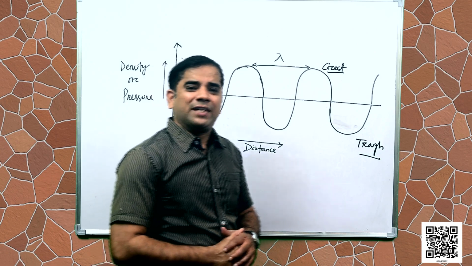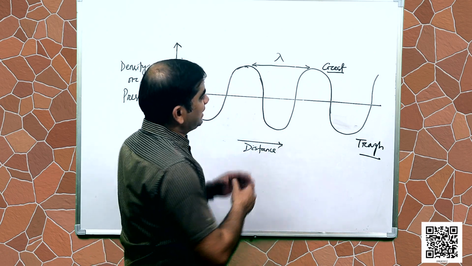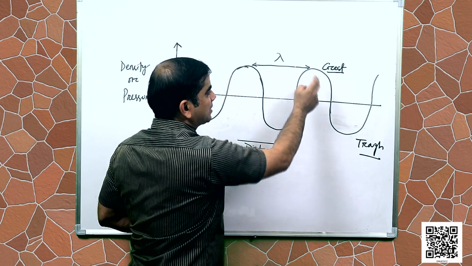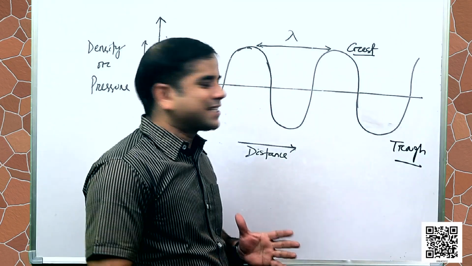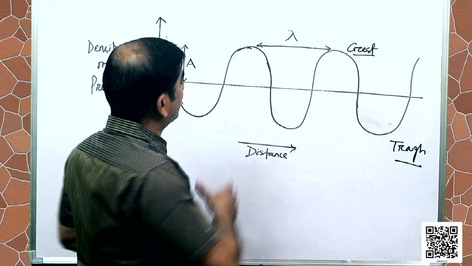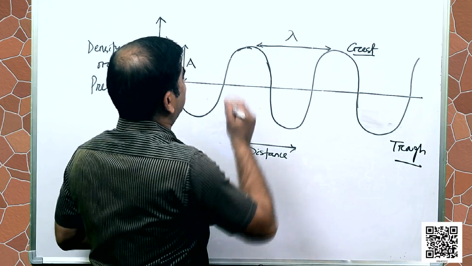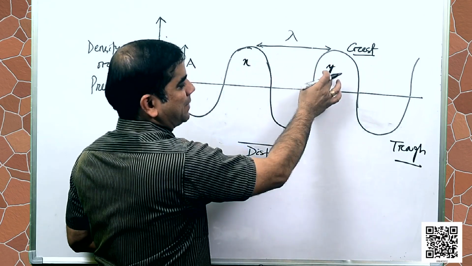Students, consider the distance between two consecutive compressions. In this diagram, this is a compression, and this is another compression, so they are two consecutive compressions. Suppose this is compression x and this is compression y.